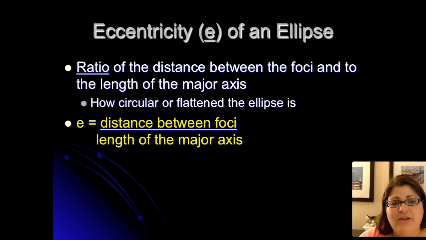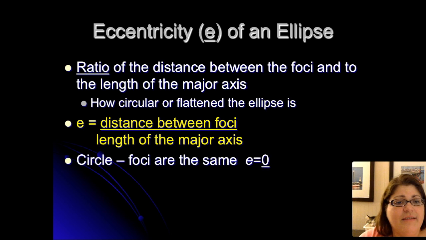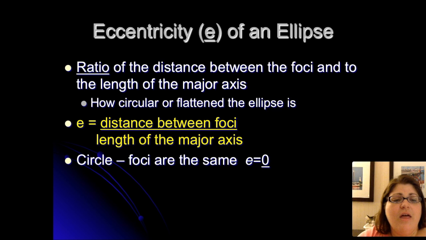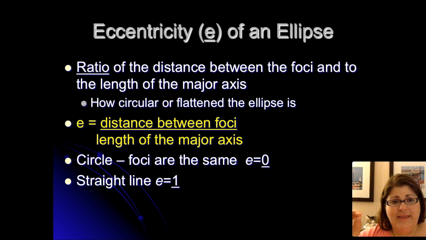That's going to give you a fraction, so your eccentricity is always going to be less than 1. If it's a circle, the distance between the foci will be 0. And so no matter what the length of the major axis is, 0 divided by a number is always going to be 0. So a perfect circle has the eccentricity of 0. A straight line, conversely, the foci are all the way at the end of the major axis, and so consequently it's going to be a number divided by itself, which is 1.